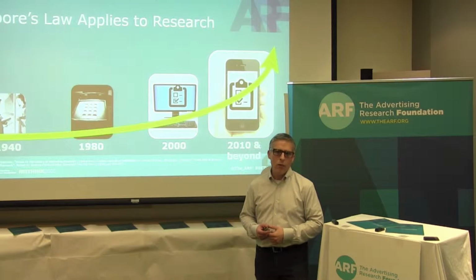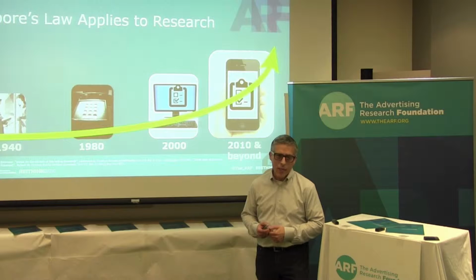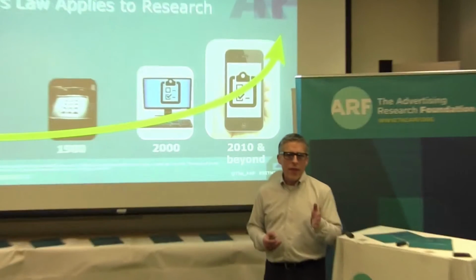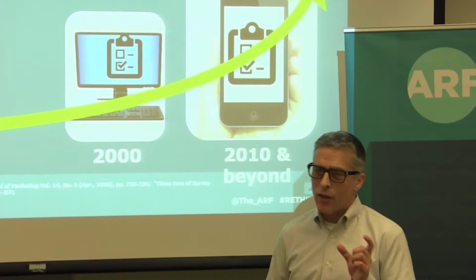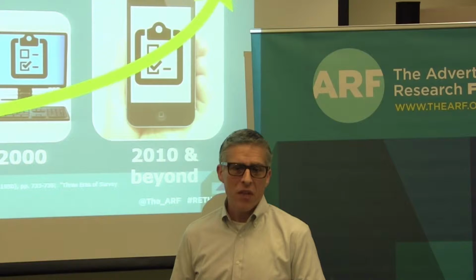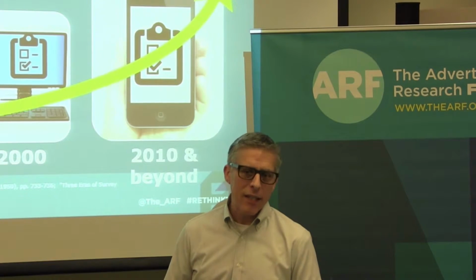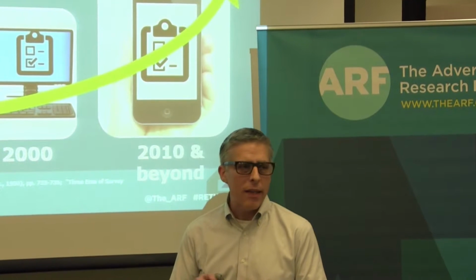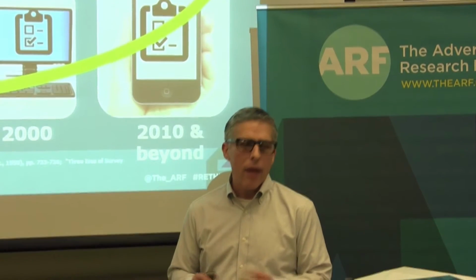And generally, we would harass people during dinner time and ask them for their opinion. We then took that same clipboard survey, and in 20 years, we went from telephone to the PC. And we allowed people to sit at their desks, to sit at home, and tell us all the things that we wanted to know from them.